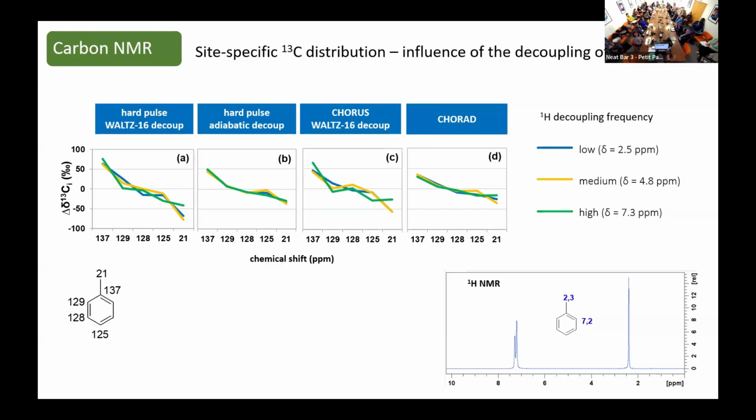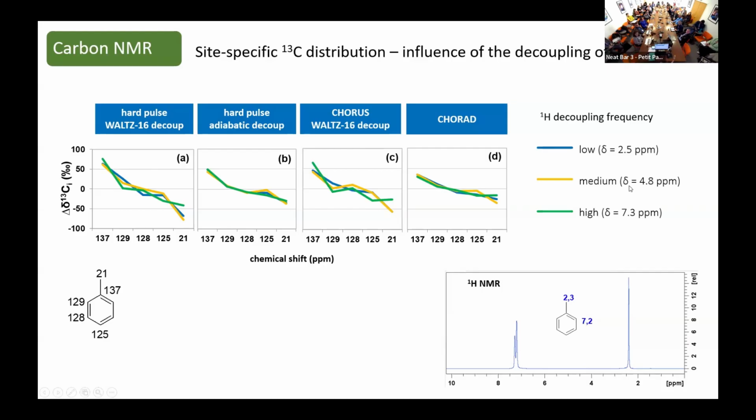That's why it's delta-delta. And we did the decoupling varying the offset of the decoupling. So this molecule, we use toluene here. It has one proton signal around 2.3 and the aromatic around 7.2 or 7.3. So we tried these 2 sequences and these 2 frequencies and also one in the middle.